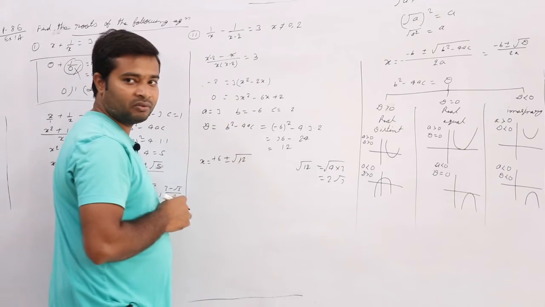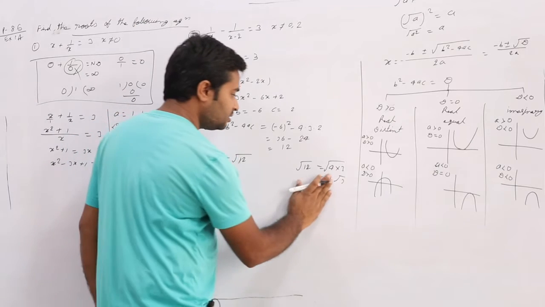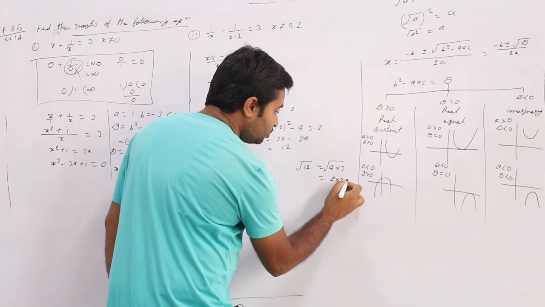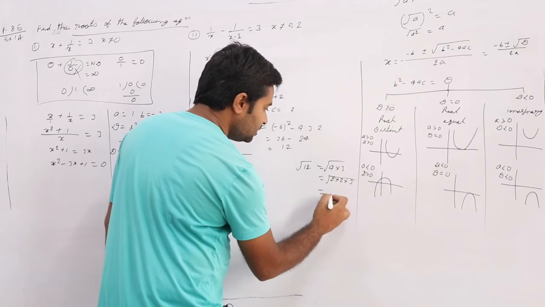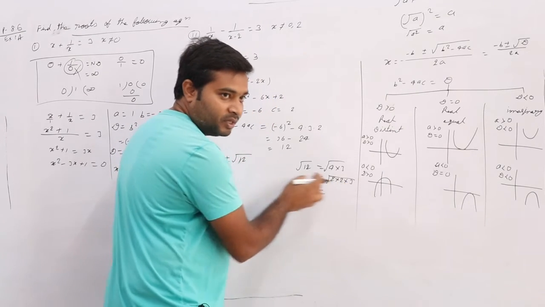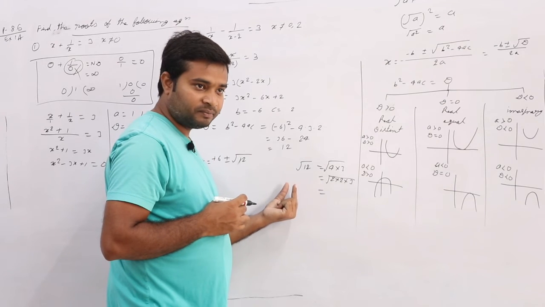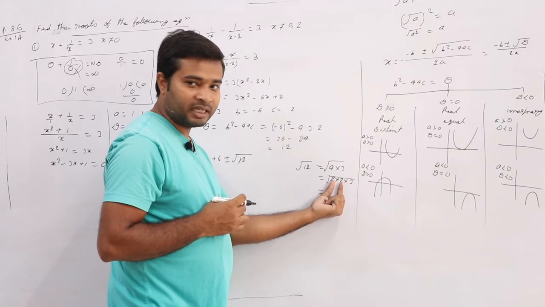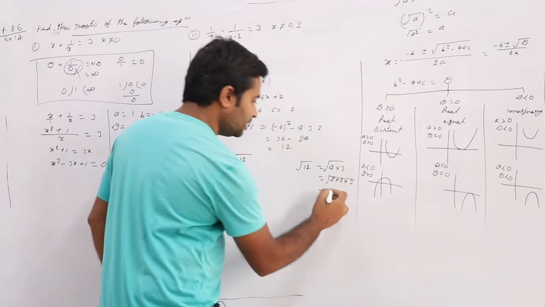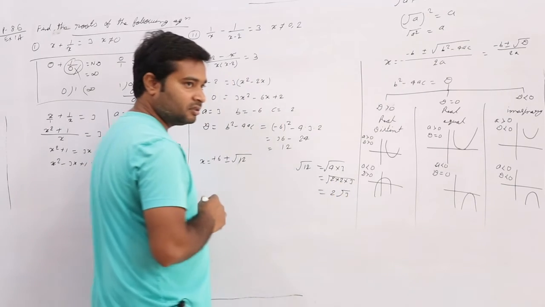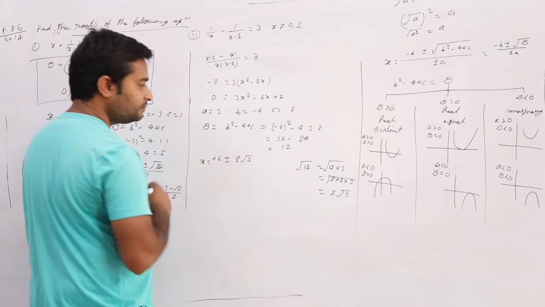This 4 I have taken out. In the root, if anything becomes a couple, that you can take out. So this is one couple. So I can take 2 root 3. So instead of root 12, shall I write 2 root 3? Yes, sir.